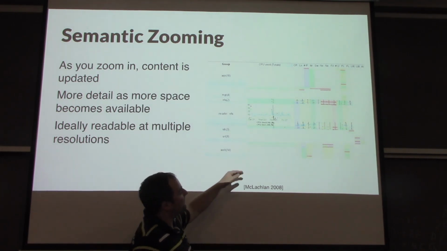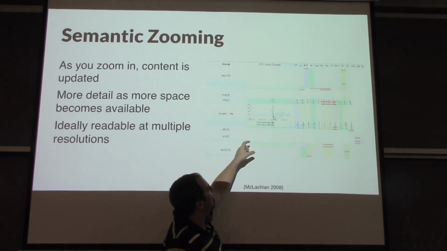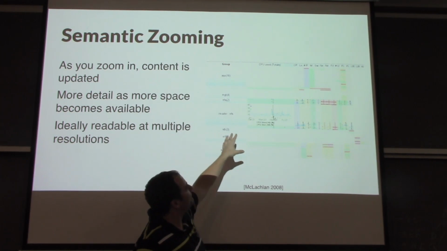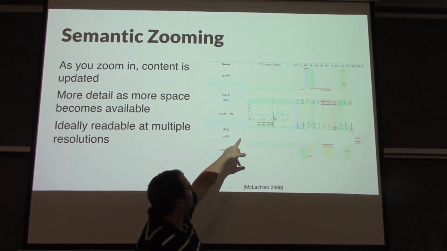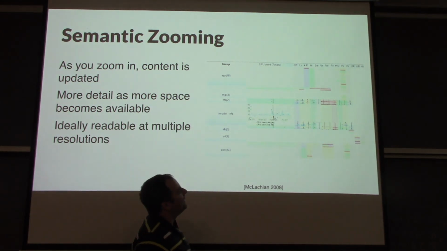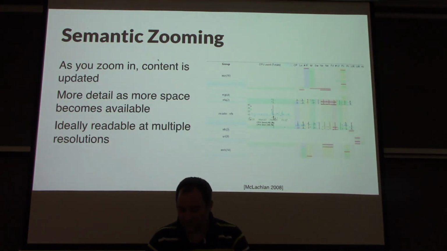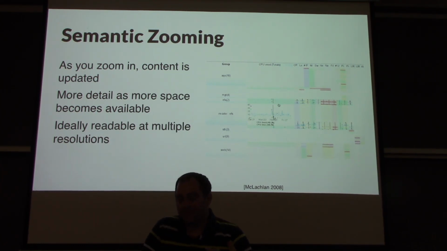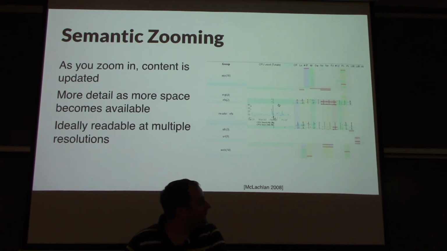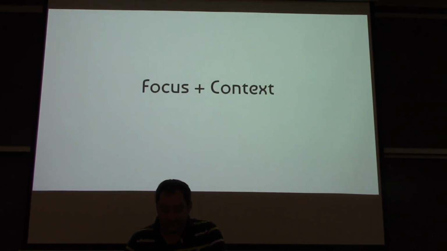We have just the color coding for the smaller pieces, and then once we zoom into one of those aspects in this network file system, we can actually see a full-grown line chart with labels, compared to only sparklines here at the top. And so the representation adapts dynamically based on the zoom level for this visualization technique.